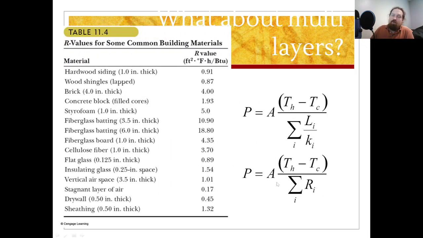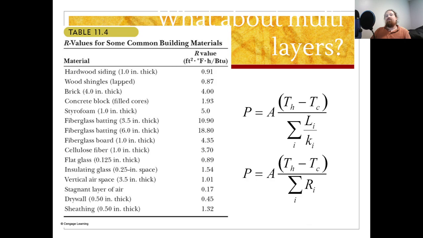And so some very smart people created this variation of the formula. Instead of P equals K A times the temperature gradient divided by L, they basically combined the L and K terms together, and they created a new constant. I feel bad giving you another constant right after the last one.